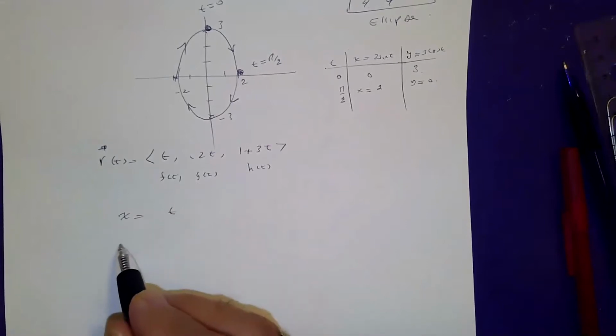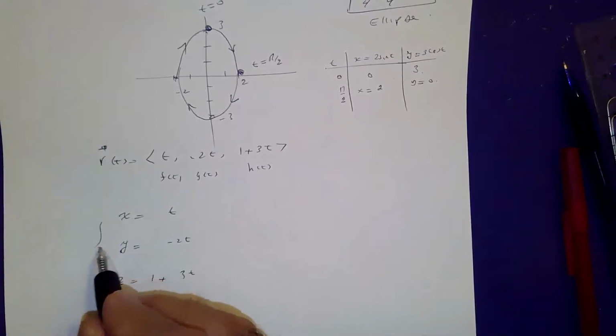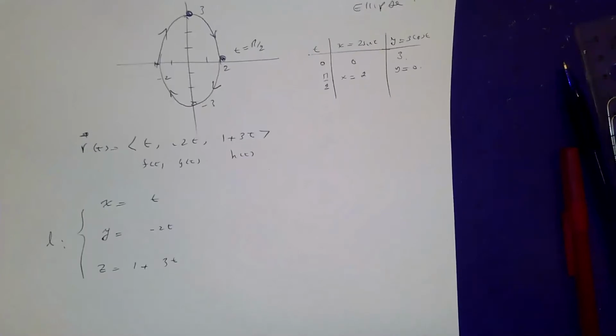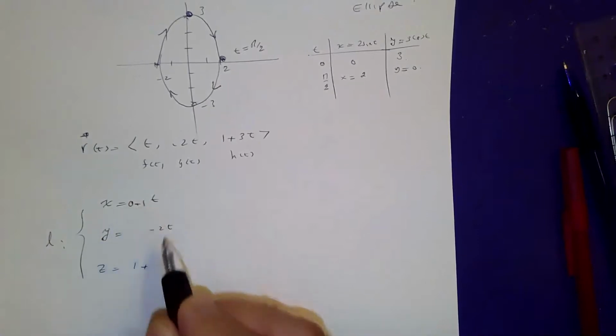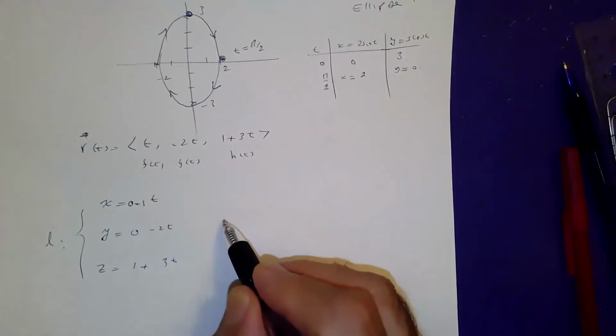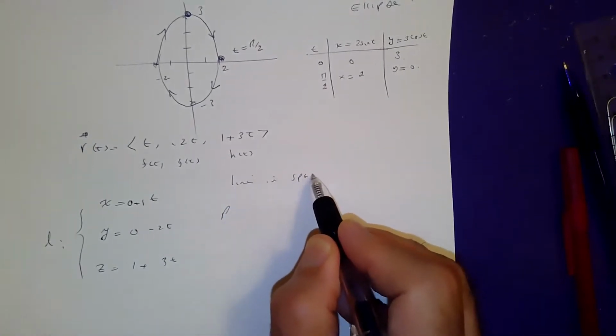So x would be t, y would be negative 2t, z would be 1 plus 3t. I don't know if you remember, that's exactly the parametric equation of a line in space, isn't it? Because I can write this as 0 plus 1t, 0 minus 2t, 1 plus 3t. So the graph is a line in space.